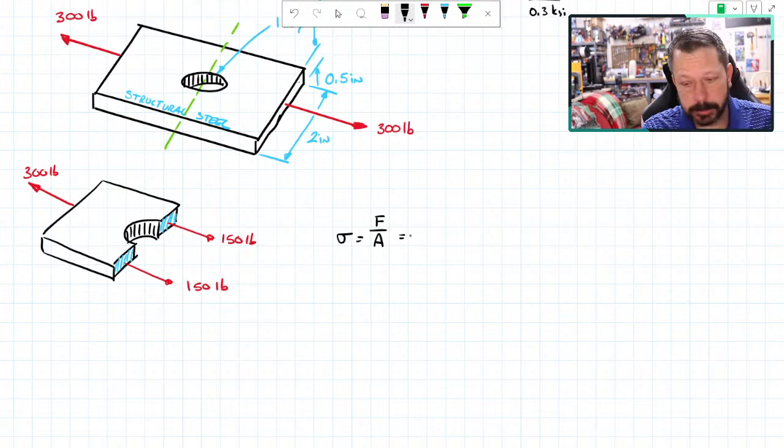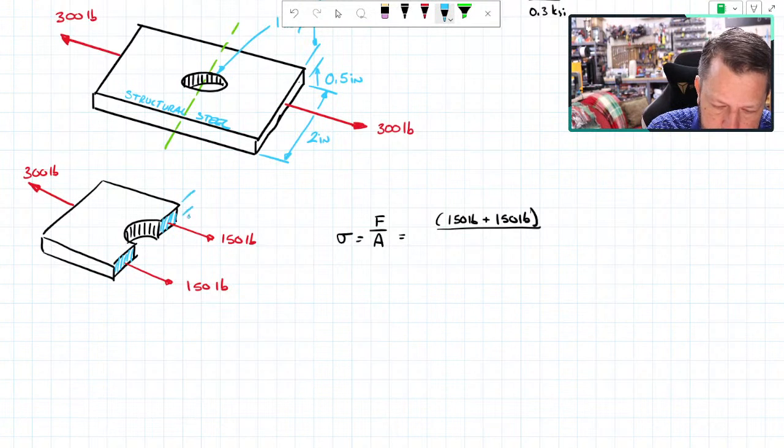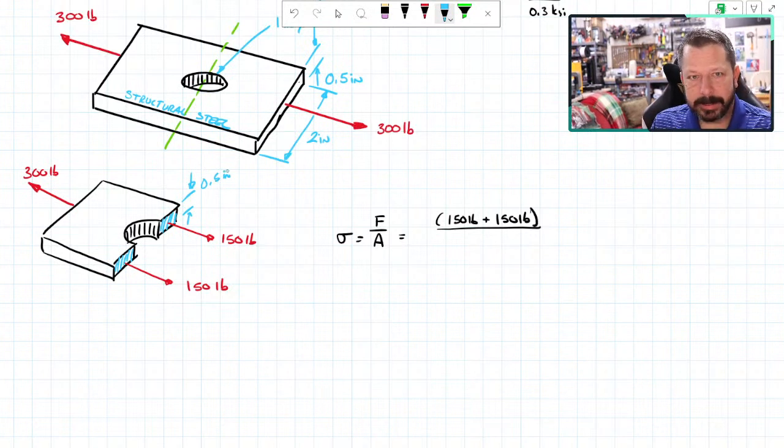So now when I go to do the same thing, sigma equals F over A, there are 2 internal forces, so I'll add those together. There are 2 areas. I didn't mention them, did I? I didn't label it, but I said that the hole was centered, and it's a 1-inch diameter hole.